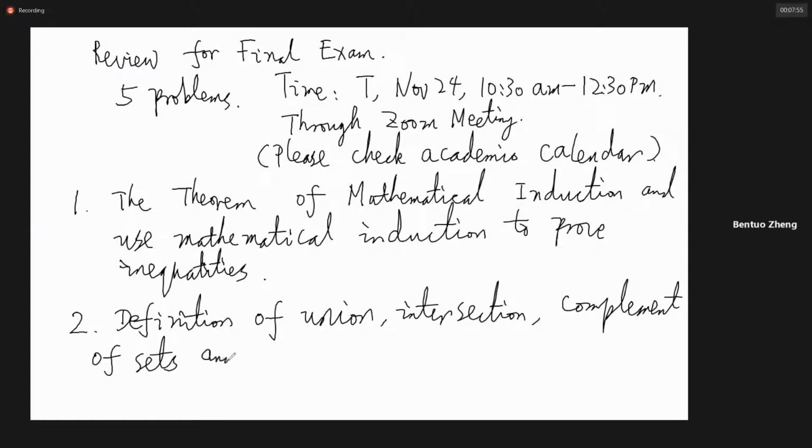And prove properties of intersections and unions of sets.